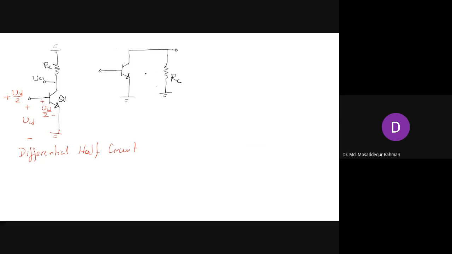And that is RC, and this is transistor Q1. So that looks more familiar, right? So this is the load resistance RC in this case. And the voltage here is half of VID. There is your input voltage, plus on this side, minus here, and the ground. And our output here is VC1.